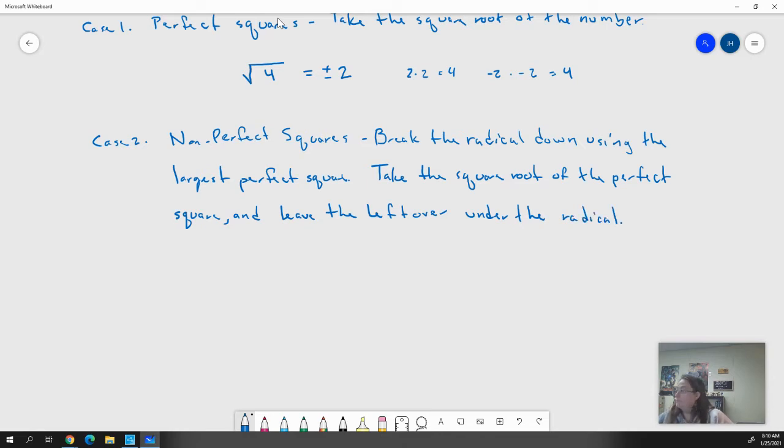So what does that look like? Say I have the square root of 112. I'm going to break that down.